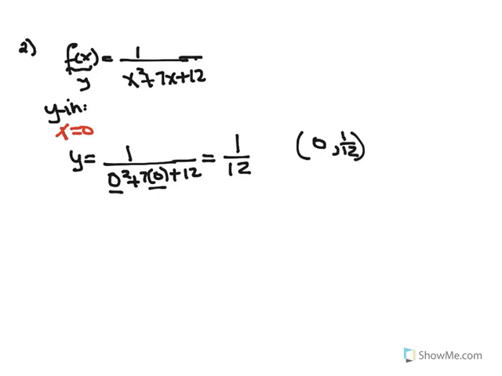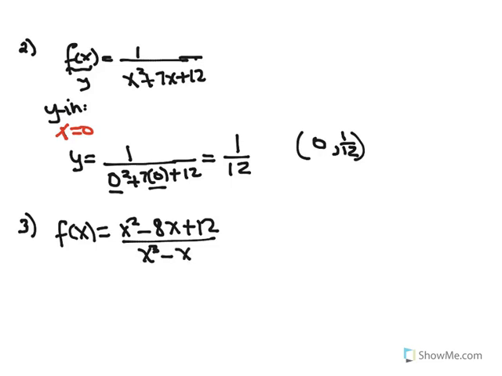Okay? So let's do a third example. In the third example, we have f of x is equal to x squared minus 8x plus 12 divided by x to the third minus x. We're going to find the y-intercept.